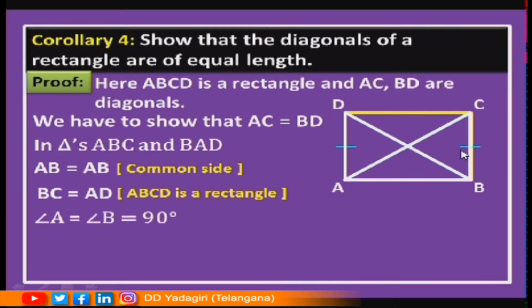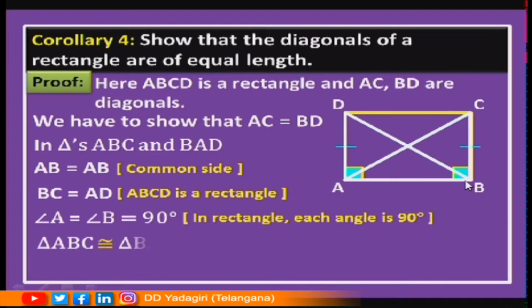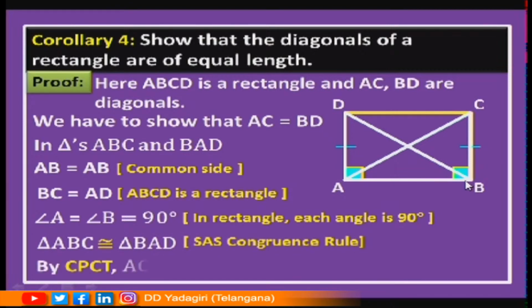Yes, angle A and angle B are both equal to 90 degrees. Again, why? Because it is a rectangle. In a rectangle, each and every angle is 90 degrees. So, by SAS congruency, I can write triangle ABC and triangle BAD are congruent.